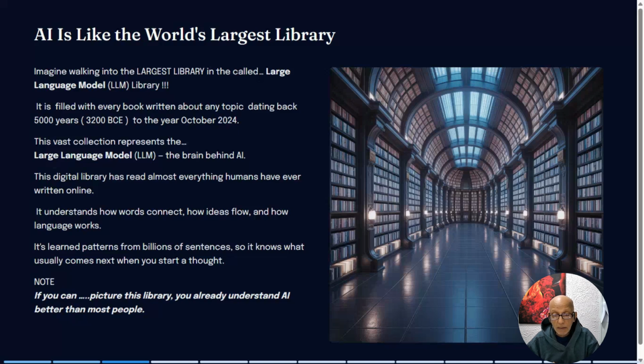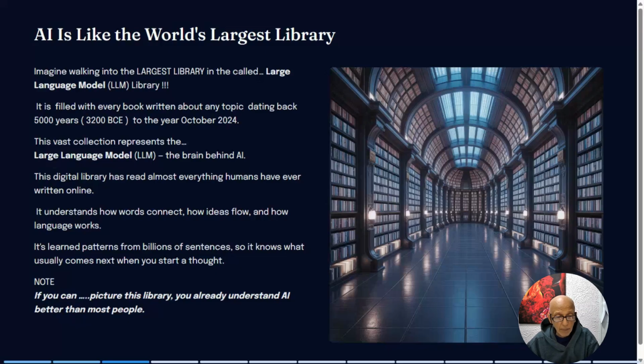That was the last time that AI was updated, and it will continue to be updated, but now you know that it dates back 5,000 years, 3,200 BCE, excuse me. So what does this vast collection represent? The large language model is the brain behind AI. It's the brain. So we'll try to make a little more sense of that.